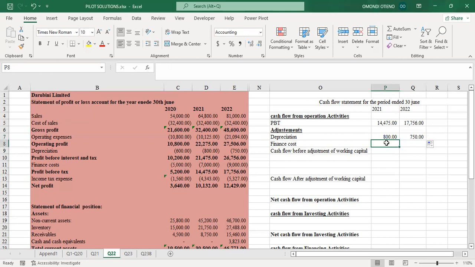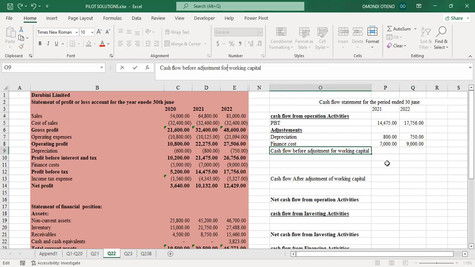We also look at the finance costs. Finance costs also will be given the same treatment. So we come to our 2021 income statement and add back the finance cost which was charged up there. So we've now taken finance cost and depreciation back. So whatever we are going to get is the cash flow before adjustments for working capital.